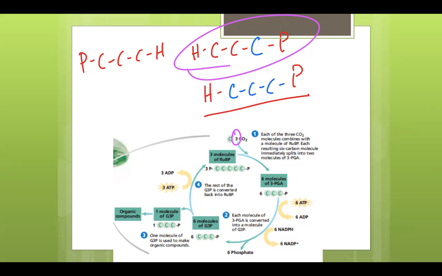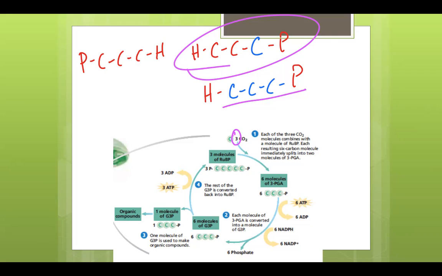We want all 3 carbon dioxides to be fixed into an organic molecule. Because in the end, if you multiply everything times 3, now I'll talk about why everything's times 3. So you want an organic molecule of G3P to be made from carbon dioxide.